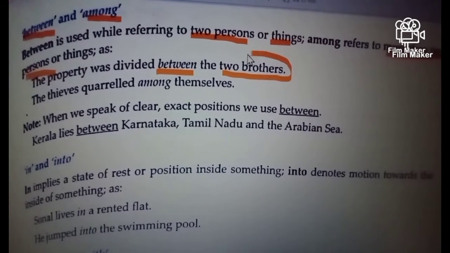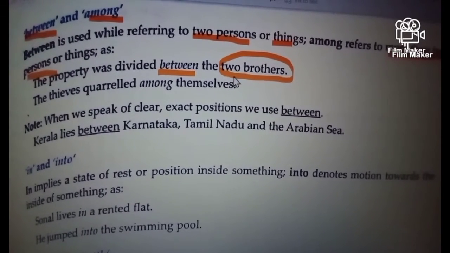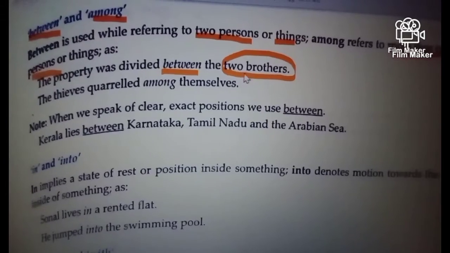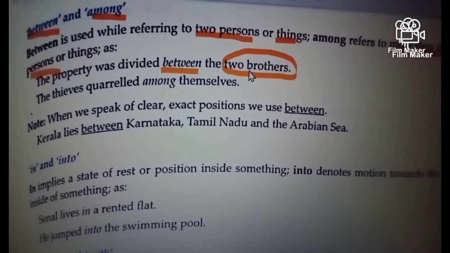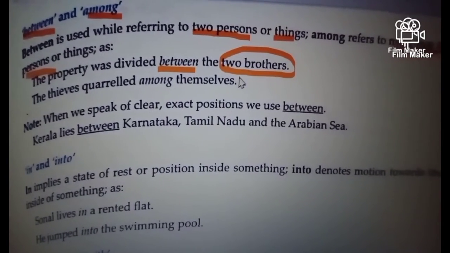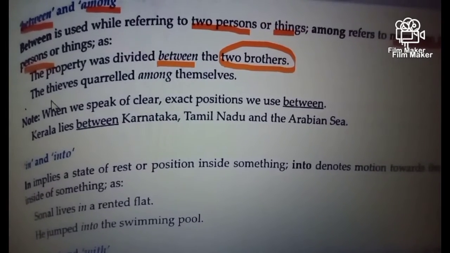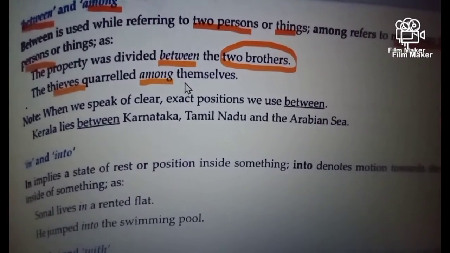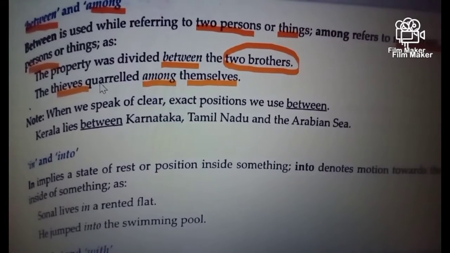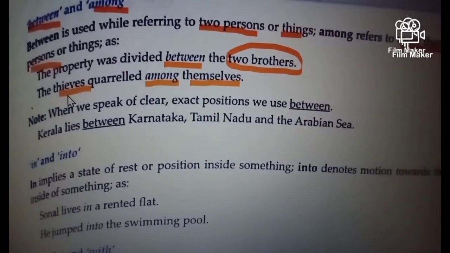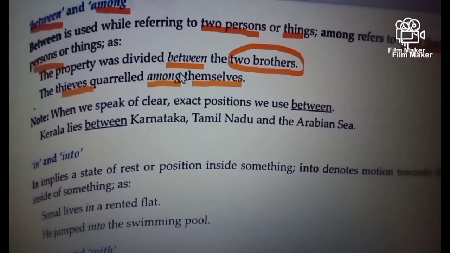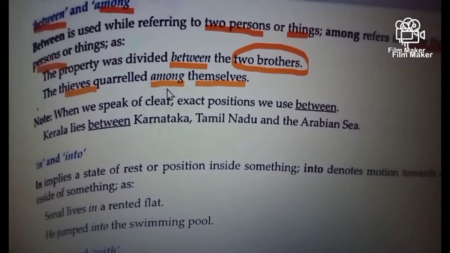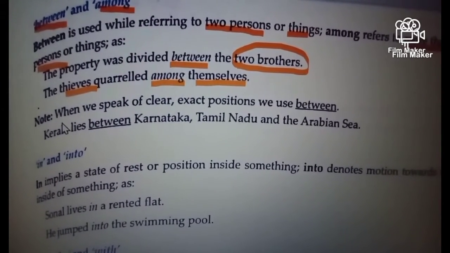So here between, because it refers to differentiating between two brothers. So when there are two things or two persons, we must use between. The thieves quarreled among themselves. This means here the thieves are more than two. So it is expected to use among rather than between.